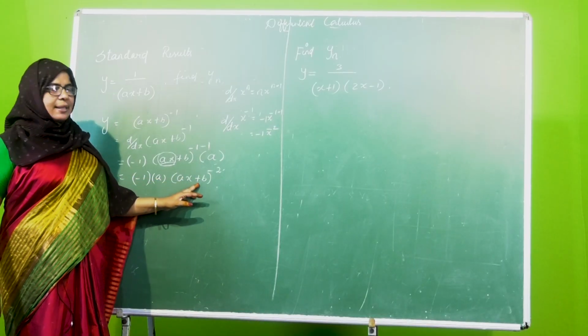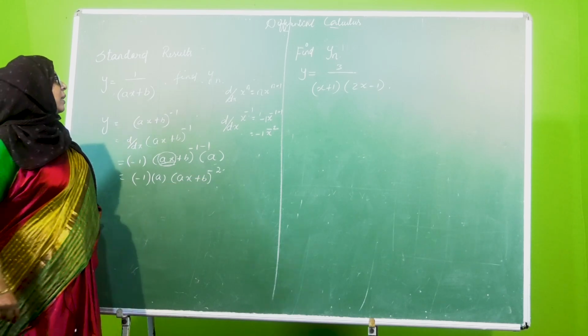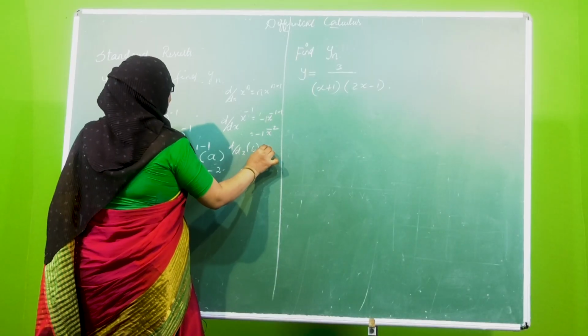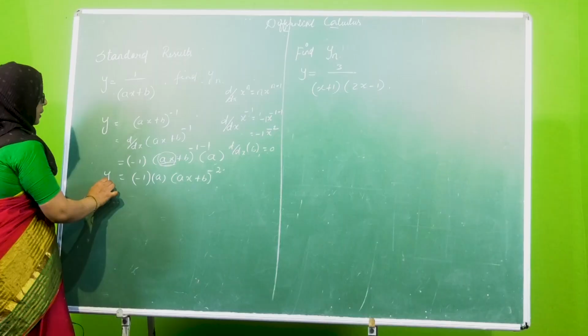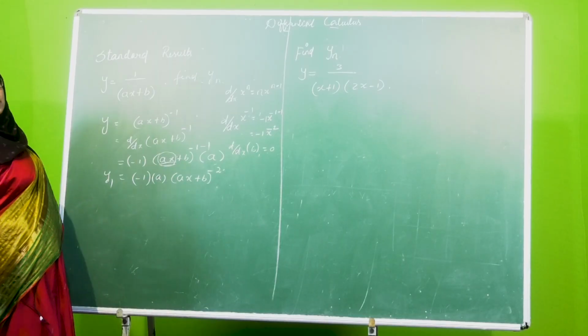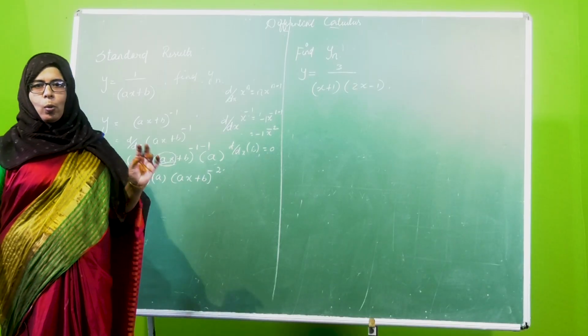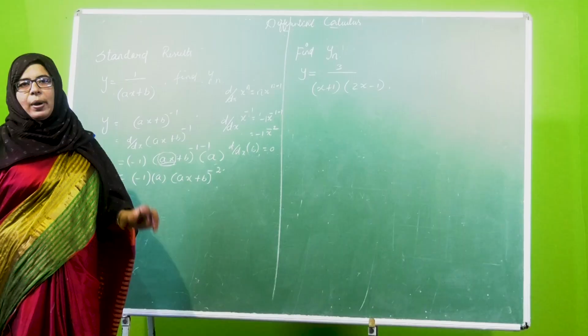So d by dx of the constant term, that is b, is 0. So this is y1. So y1 is equal to dy by dx is equal to y dash is equal to f dash of x. All are the first derivative.